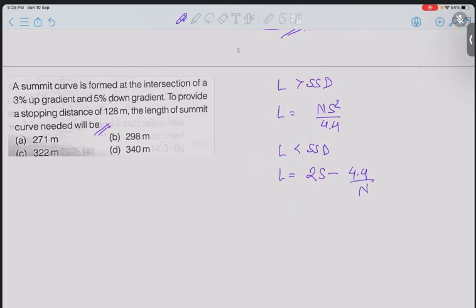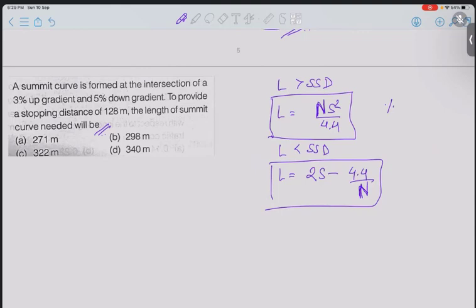Who can tell me whether I'm correct or not? Okay, right, good. And this N is the net change in gradient in absolute terms, not in percentage.